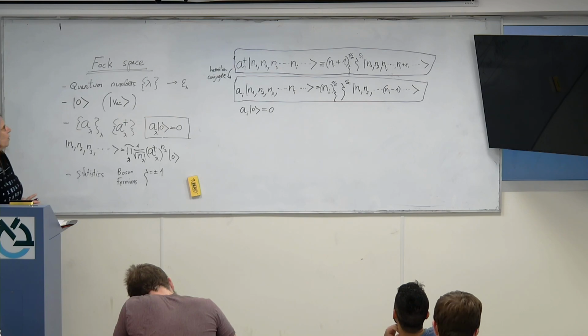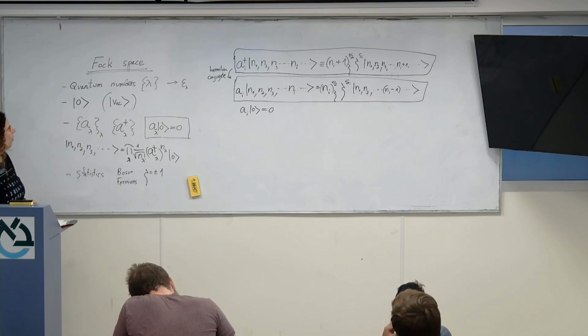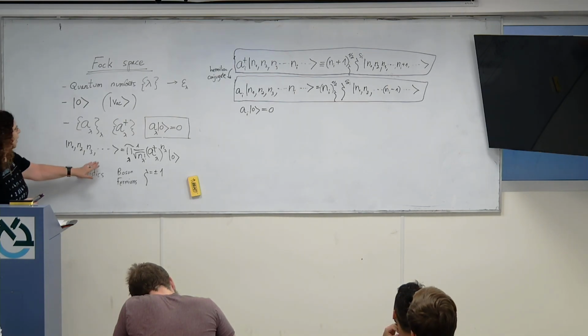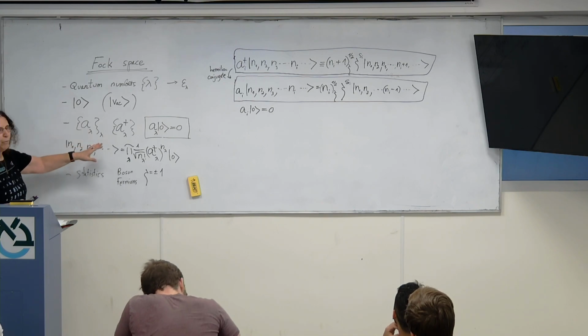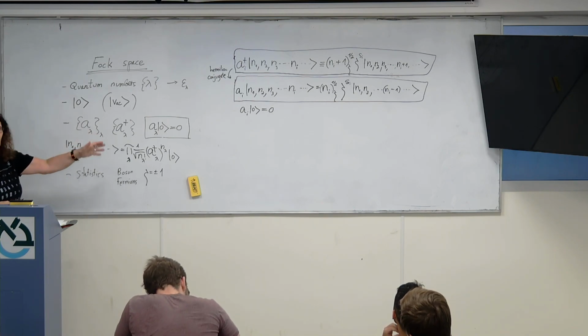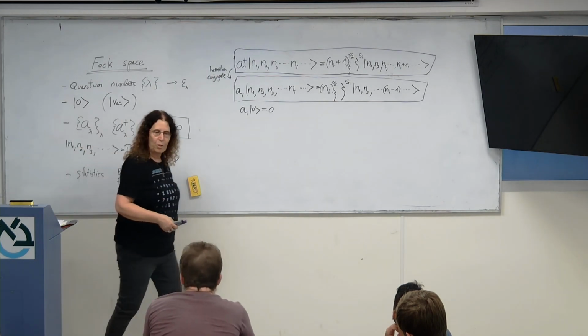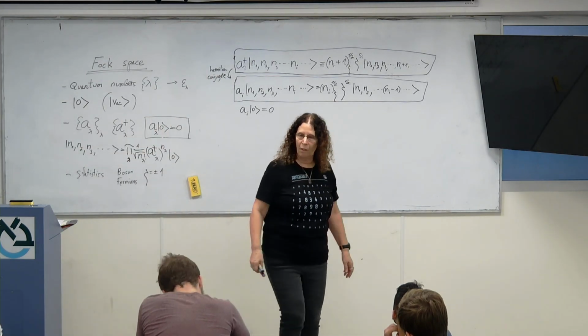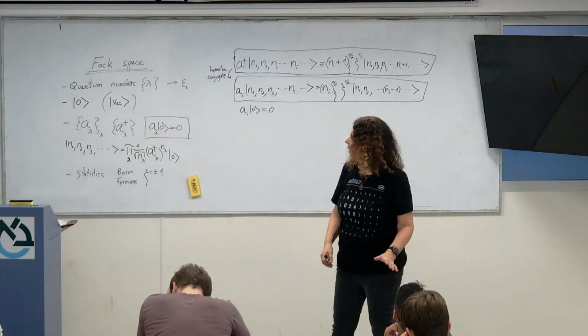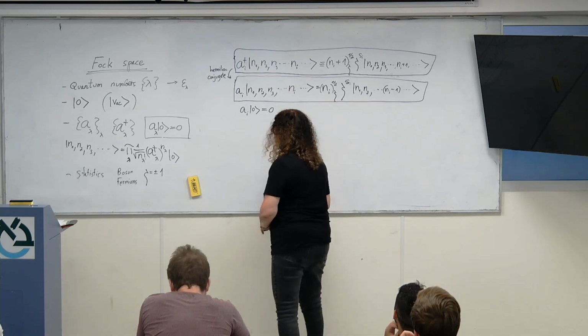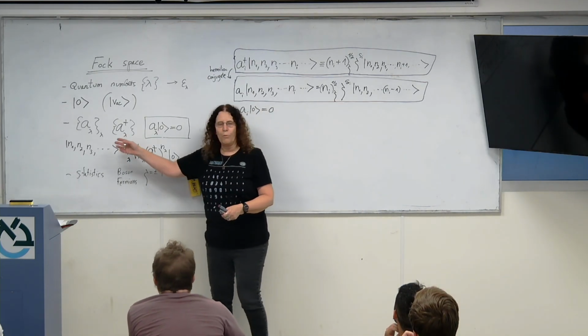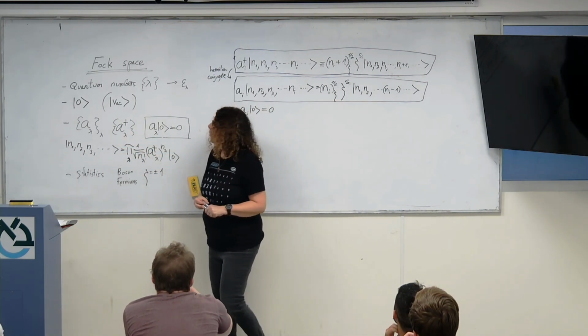Right, so you see where I'm heading. I'm claiming that any physical operator, the energy, the momentum, the position, the density of particles, whatever, can be represented as some combination of A's and A daggers.